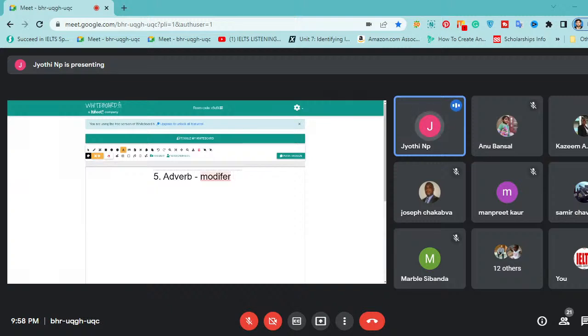It is modifying. For example, I say she runs quickly. So this word quickly is the adverb as it is telling more about how she runs. It's telling more about the verb runs, right? So how does she run? She runs quickly. So that is an adverb.